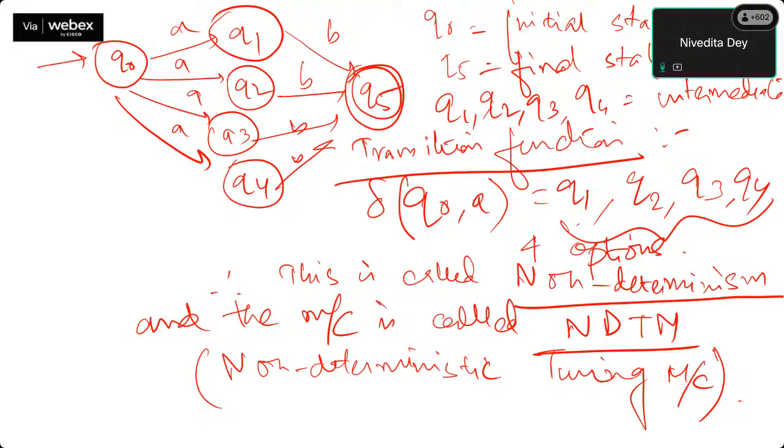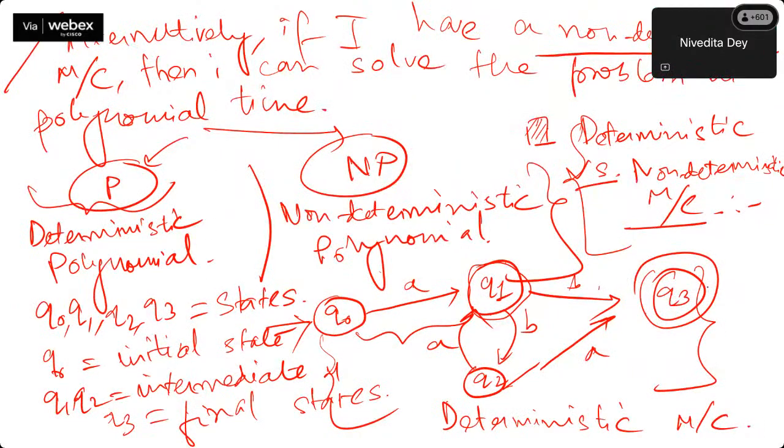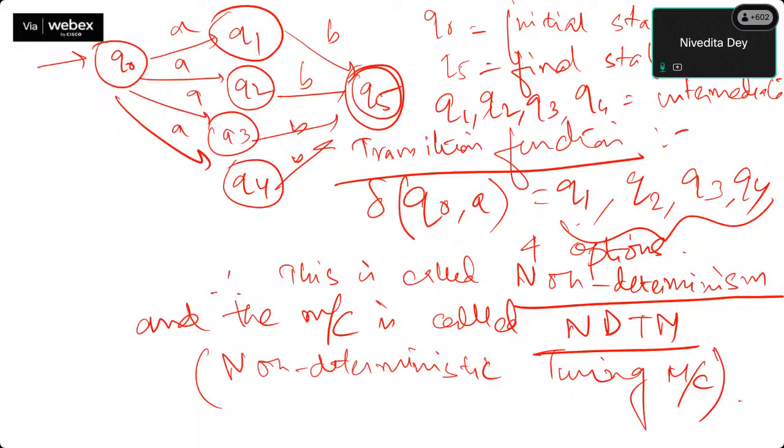So there are DTMs, as you can see over here, and there are non-deterministic ones as well.